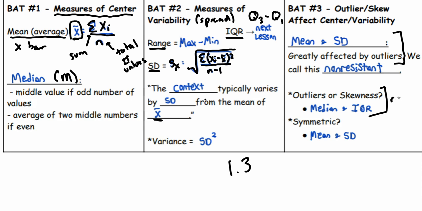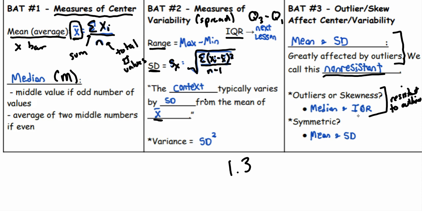Those are resistant to outliers. Mean and standard deviation, we would say, are non-resistant. They are not resistant. They change when you have outliers. They may come in bigger or smaller depending on where the outliers are located.